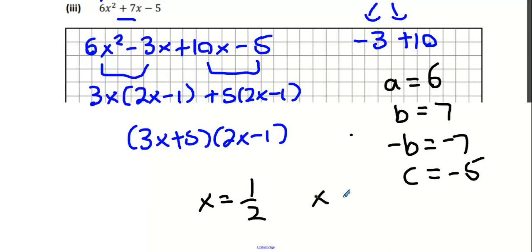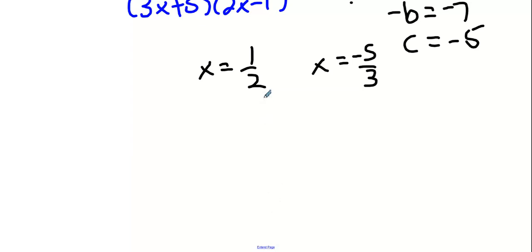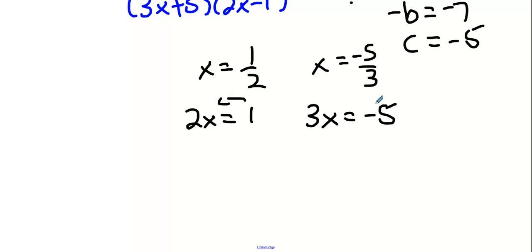Okay. Now look at this. Here's how you go backwards. Are you ready? See the 2? It's division on the right. What would be on the left? 2x equals 1. What about the other side? Bring up the 3. Bring the 1 to the left and the minus 5 to the left.